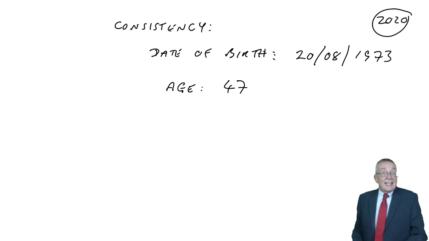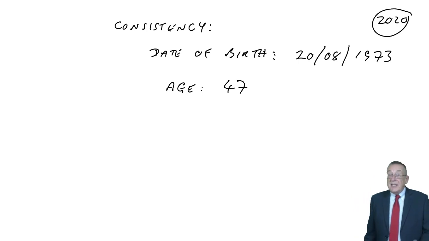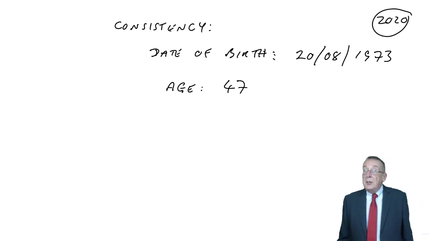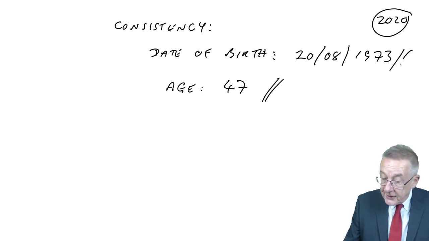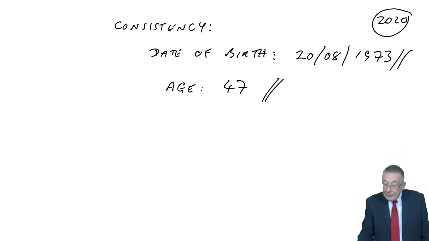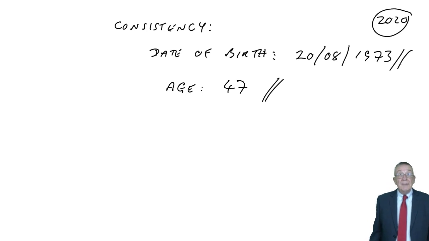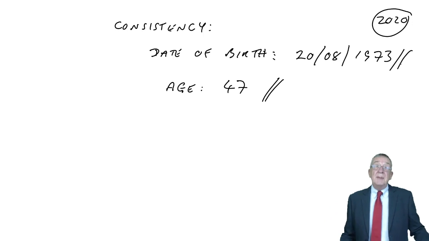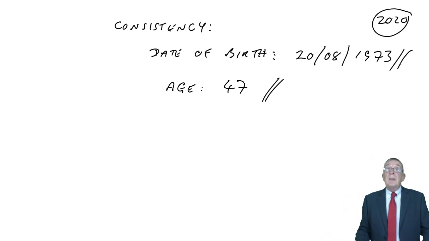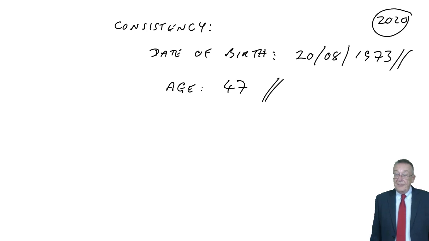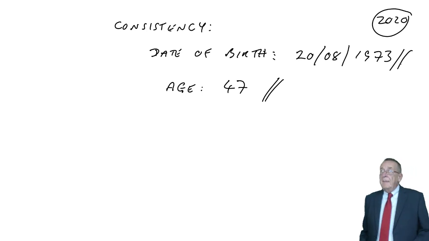Now, of course, it doesn't actually need both, but it acts as a check, because the computer can be programmed to check that somebody born in 73 is 47 years old. And if it doesn't check, fine, there's been a mistake. It will flag up, there'll be a warning screen, and make them re-enter. So that's what we're getting at there.